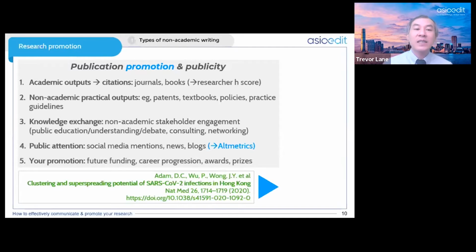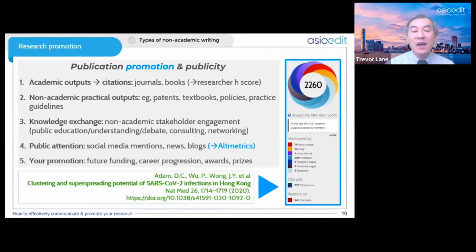So for altmetrics, here's an example of a paper on COVID, and you can see that there's a multicolored donut with a number. That's the altmetric score. So rather than the academic citation score, this is an altmetric score, and it's the public attention, not just journals, but in the wider media, social media.